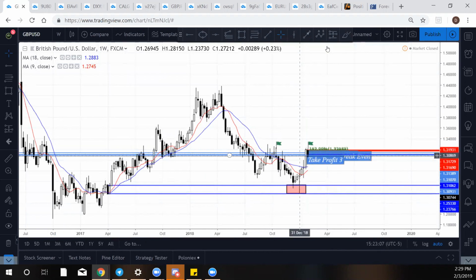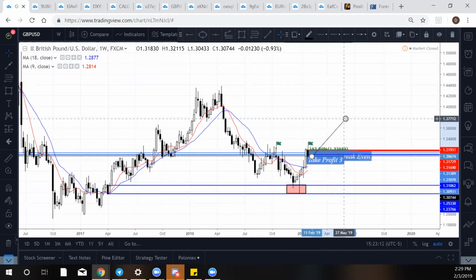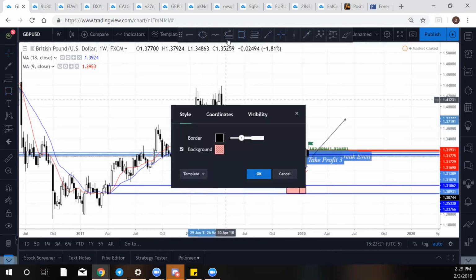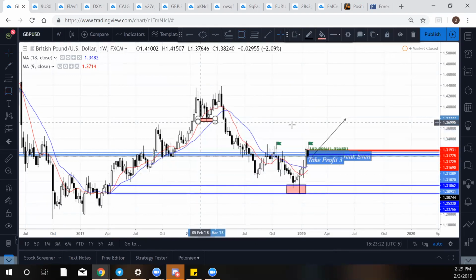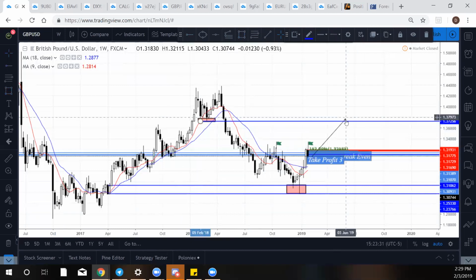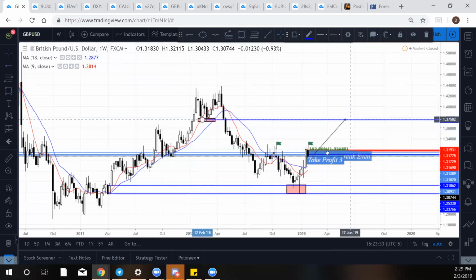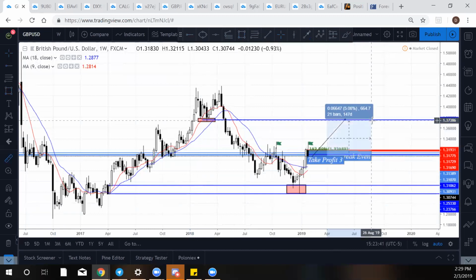And what I would anticipate from this high structure being broken is, coming out around this area, the bottom of the first impulse leg, before the first impulse leg, is where I would see our take profit to be. Let's move this up a little bit. Right there in the middle. Perfect. What kind of potential can we have in this move? We can have about 684 pips.